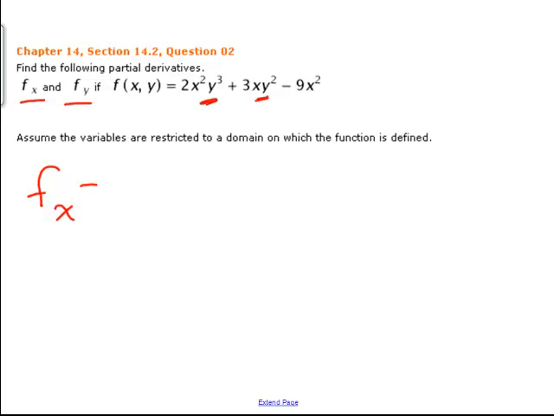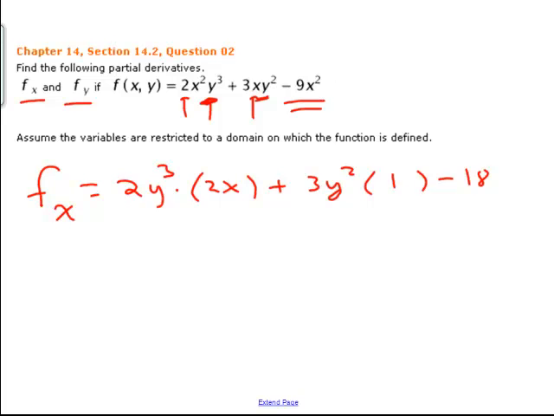So when we treat all of those y values as constants, we're going to get 2y cubed, because that's the constant in here, times the derivative with respect to x, so 2x. Plus 3y squared times the derivative of x with respect to x, which is 1. And then minus 8, so now taking the derivative of this here, minus 18x.